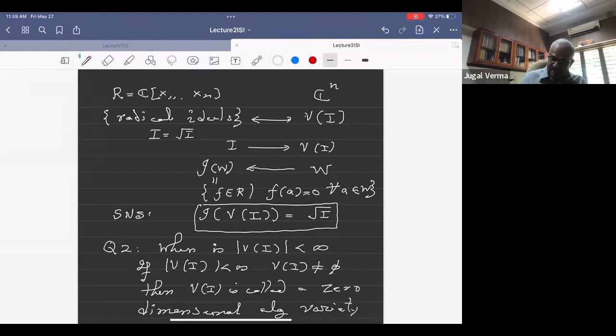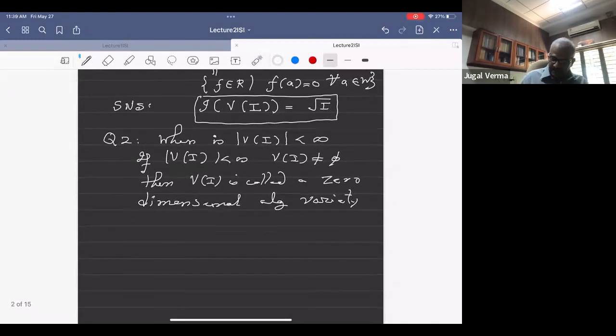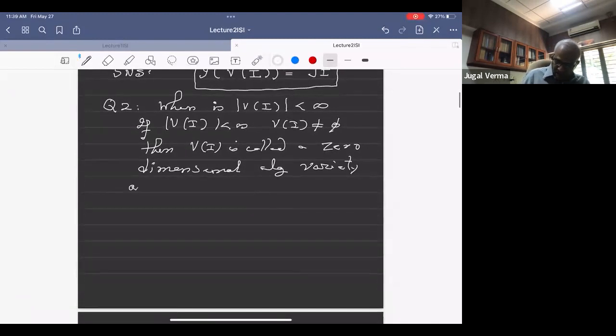It's a finite set. So it's just a bunch of points, and therefore it makes sense to call such a set a zero-dimensional algebraic variety. I'm not going to define dimension in general, but V(I), if it is finite, is called a zero-dimensional variety, and such an I is called a zero-dimensional ideal.